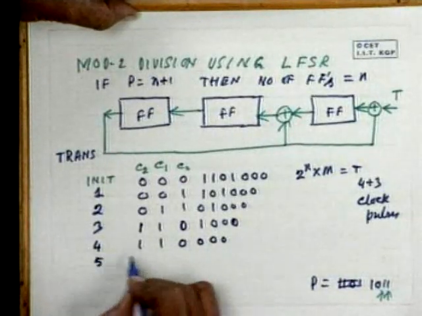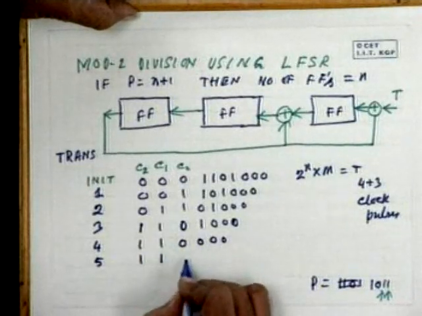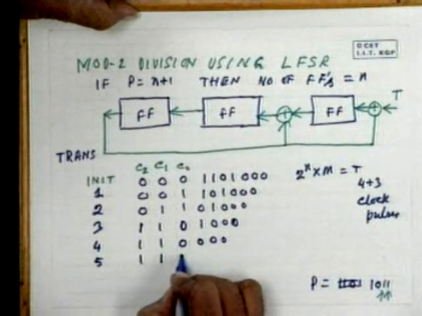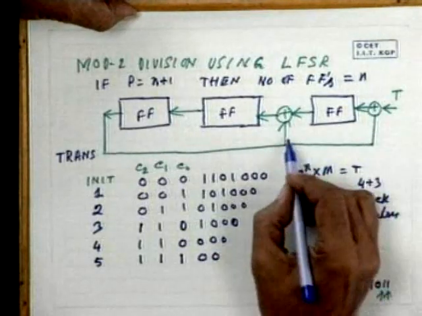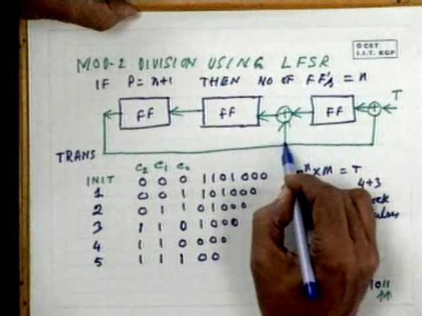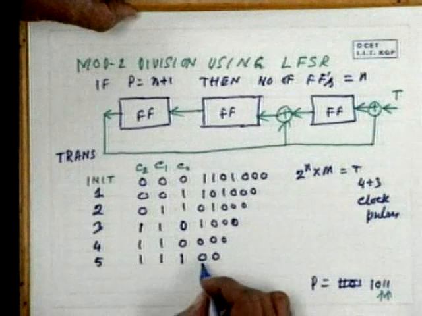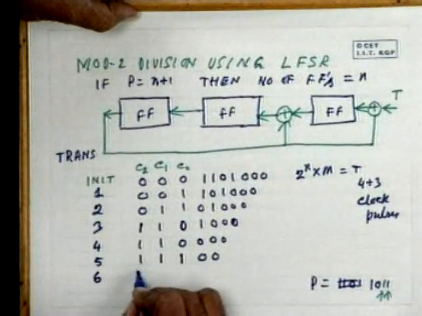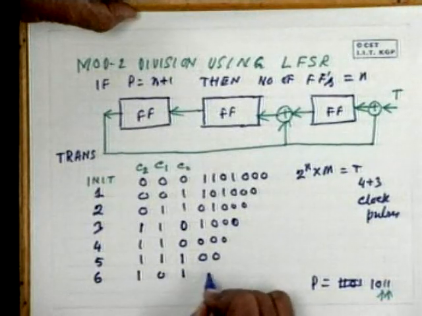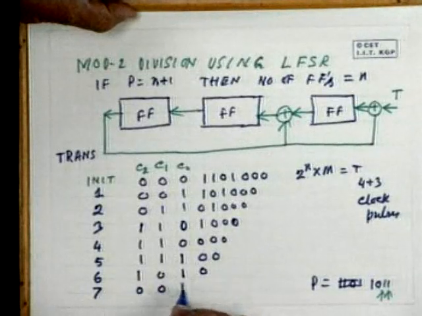And after fifth clock pulse, it will become 1 1 1 0 0. Because this is 1 and this is 0, so 1 will go. So 1 1 1 it will become, and 0 0. Then after 6 clock pulses, it will become 1 0 1 0. After 7 clock pulses, it will become 0 0 1.